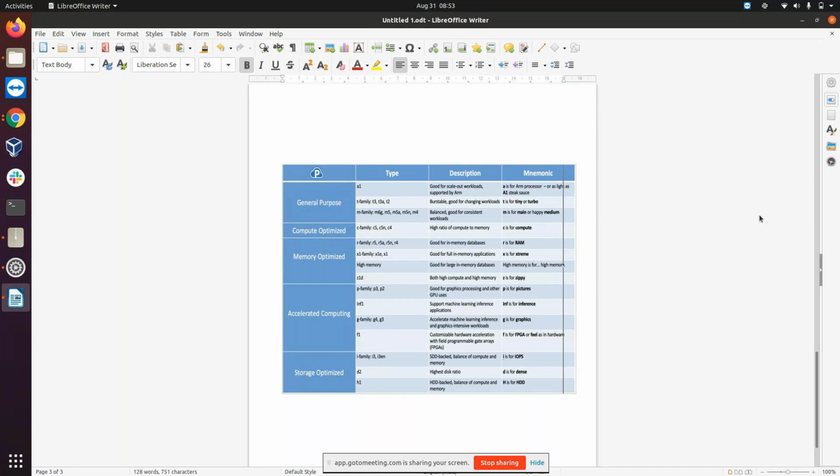I'm not looking for the process of how you do it, I'm looking for the reason behind why you do it. What I want to know is, in a scenario where I host my application on an EC2 and I don't know much, I will start on a general purpose, maybe the T family.